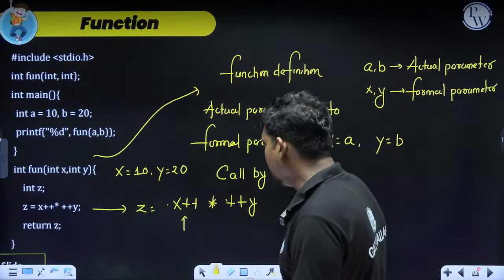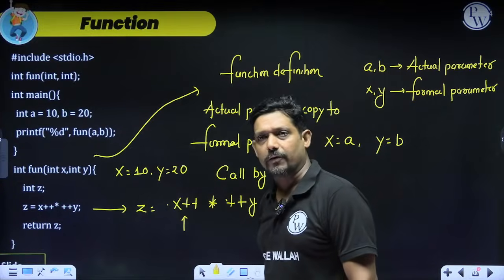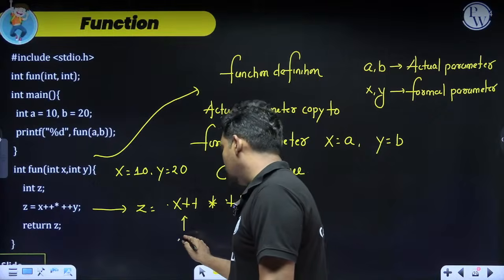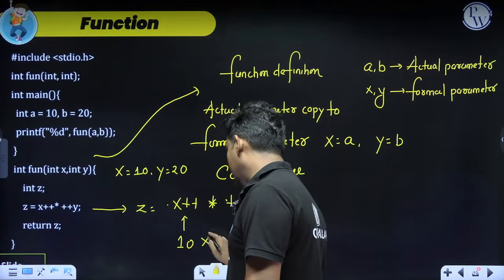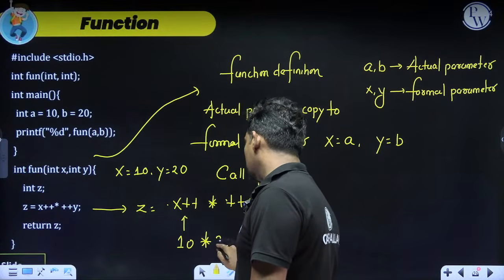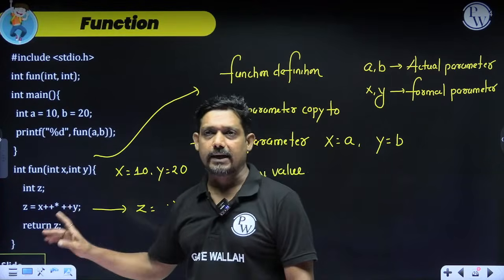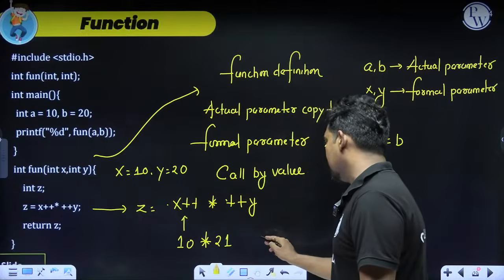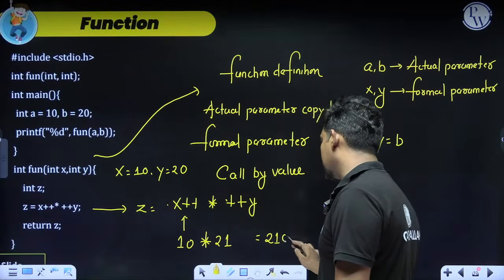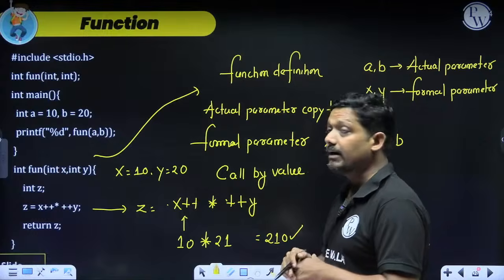Very good. Because it's a post increment, we will use the old value 10 and multiply. This is pre, so we will use the new value. Now understand that x is 10 and y is 20. Very nice, and that will make the value 210. So z becomes 210.